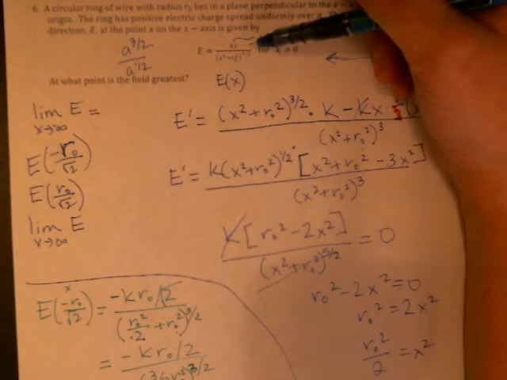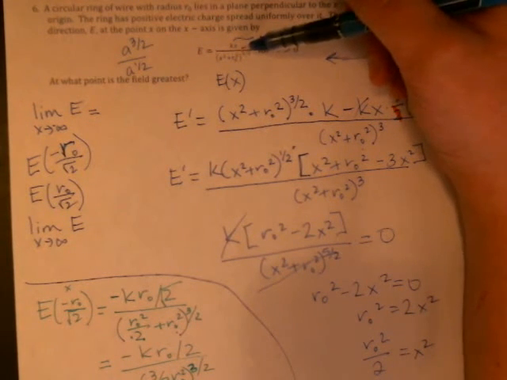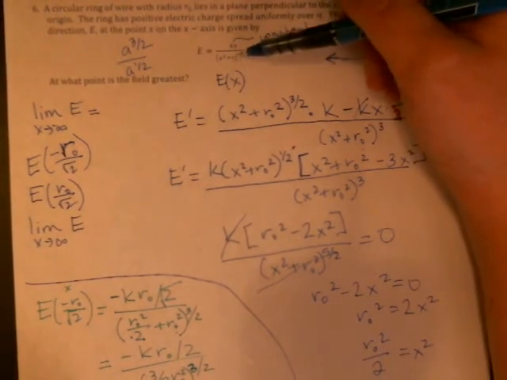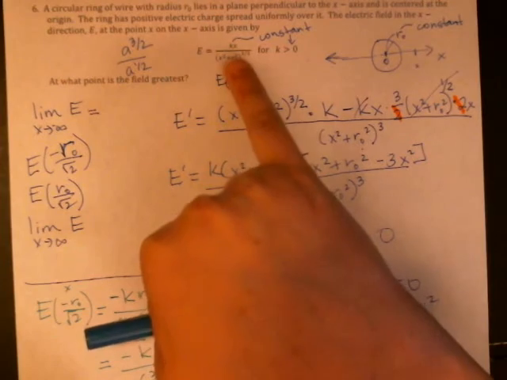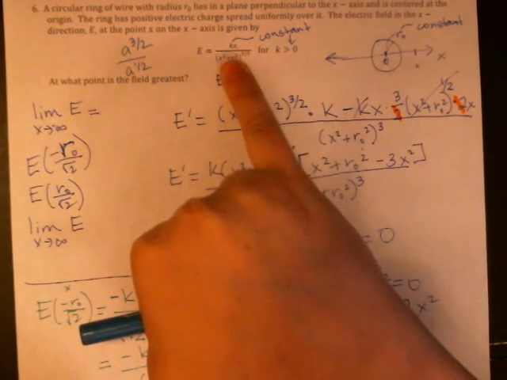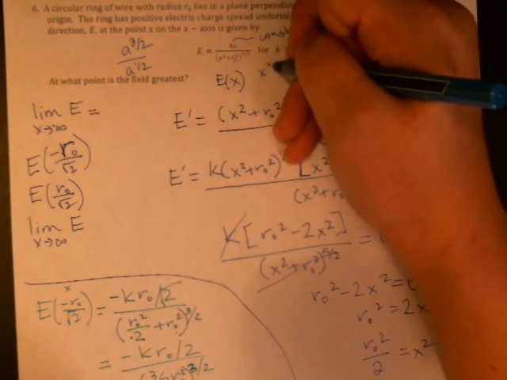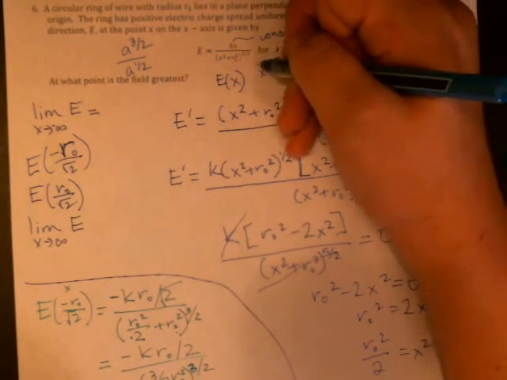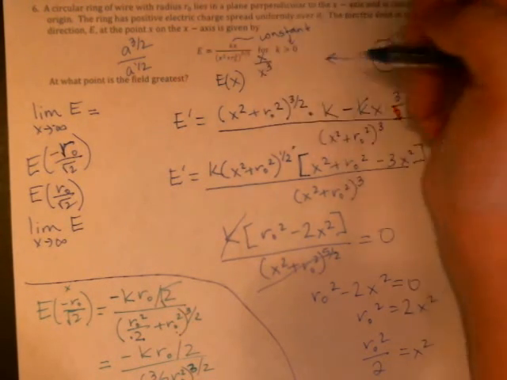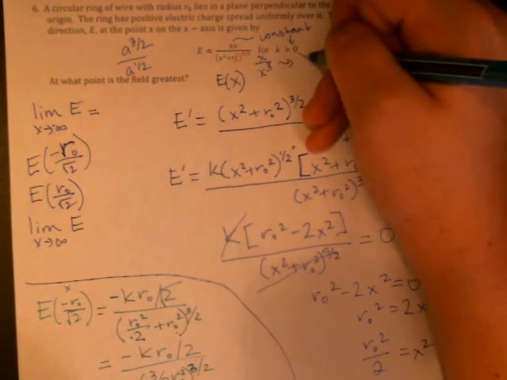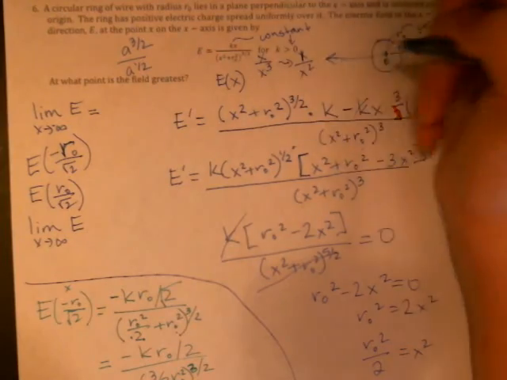So as x gets really, really big, the k becomes pretty negligible, as does the r0 squared. So in the bottom, it's in the ballpark of x, big number squared to the 3/2, which is like big number cubed. So this is going to behave like big number cubed in the bottom, and just our big number in the top, which is going to be acting something like 1 over x squared.